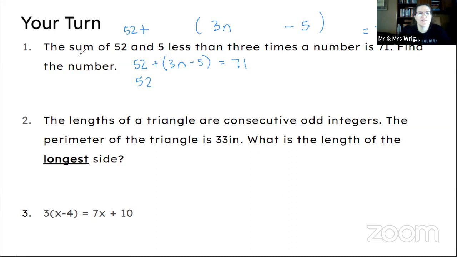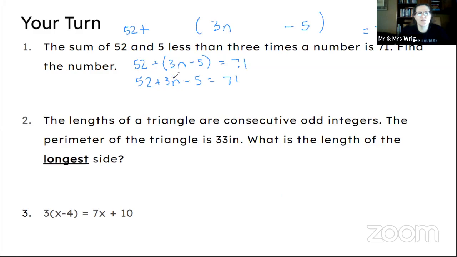Because if it was the difference of 52 and, you would definitely need those parentheses, because that minus sign in front of it would change it. So you always write it as it says in English and then determine whether or not you need the parentheses.